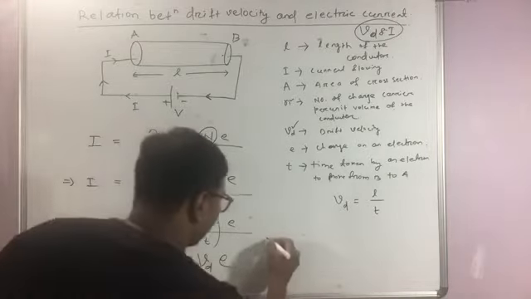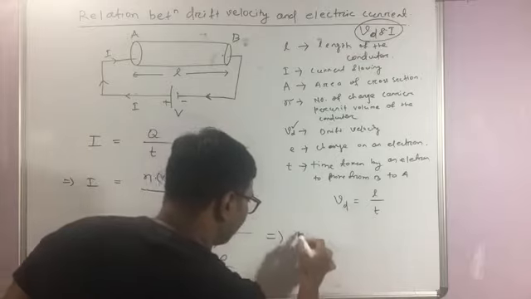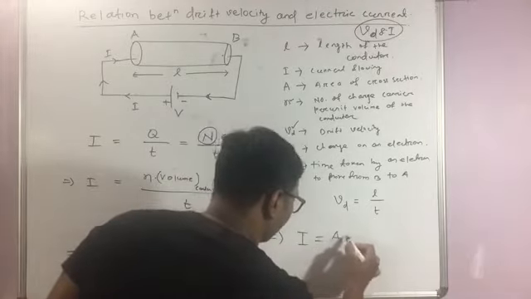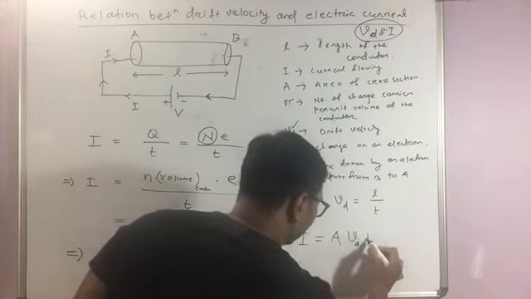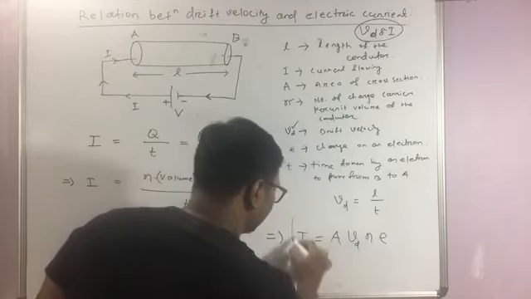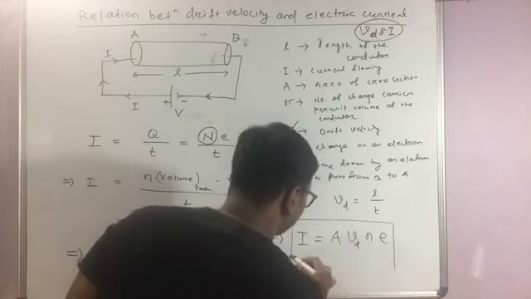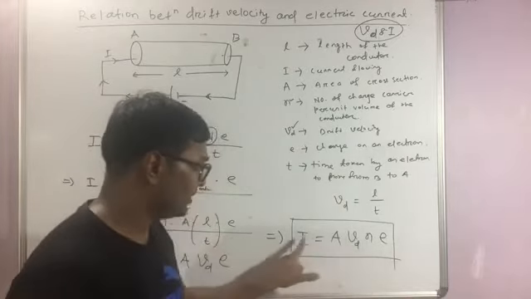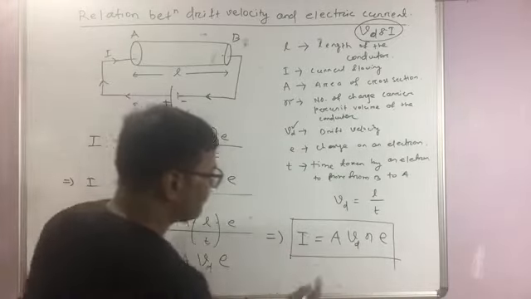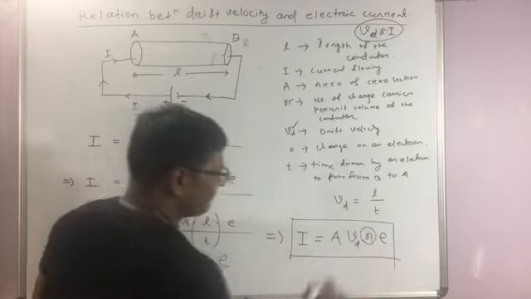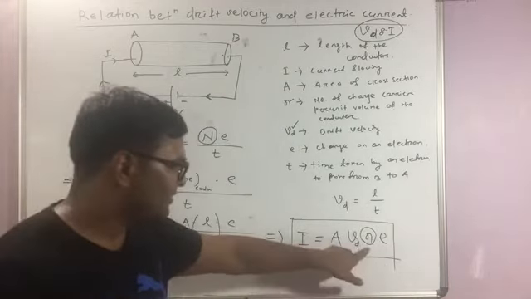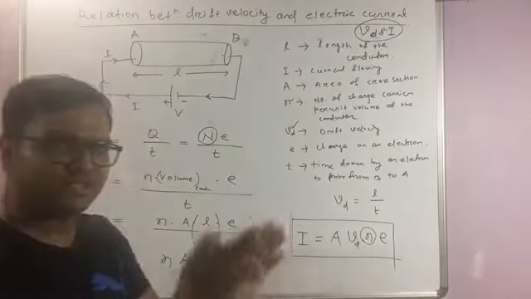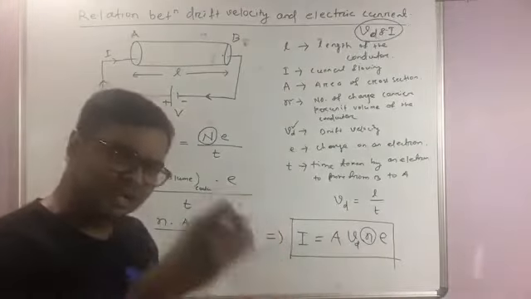So we can simply write I is equal to A Vd n e. This is the relation between electric current and drift velocity. They are linked. And you see, number density is a factor here, because it depends on the nature of the material.